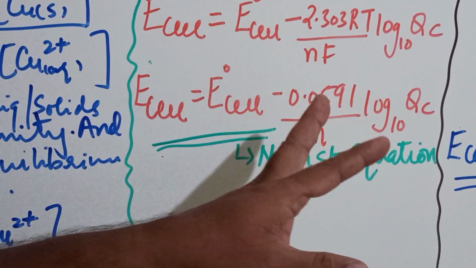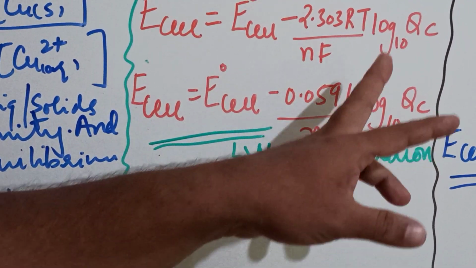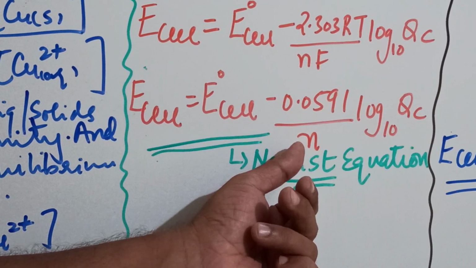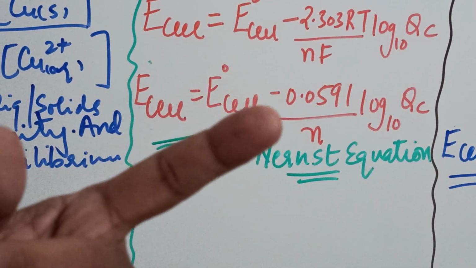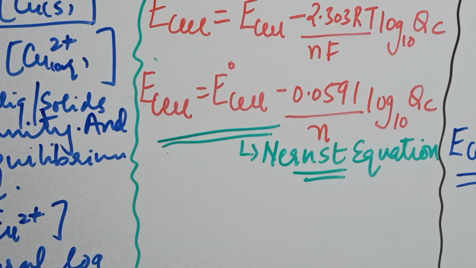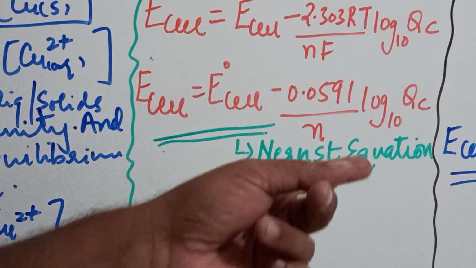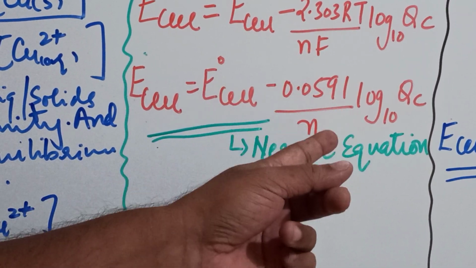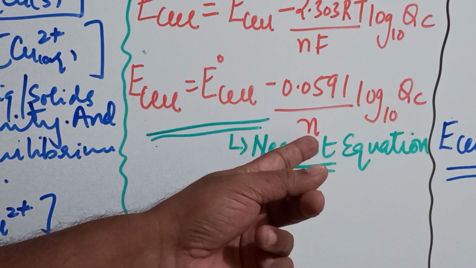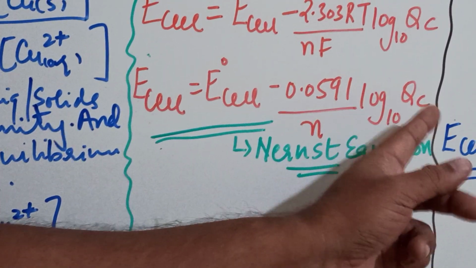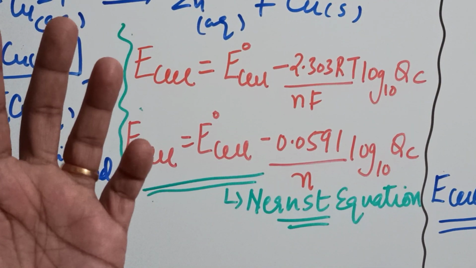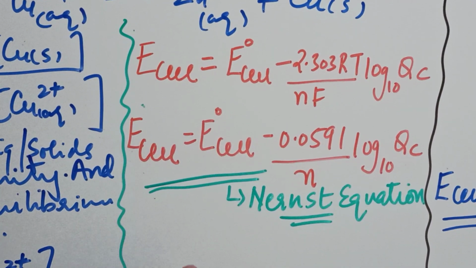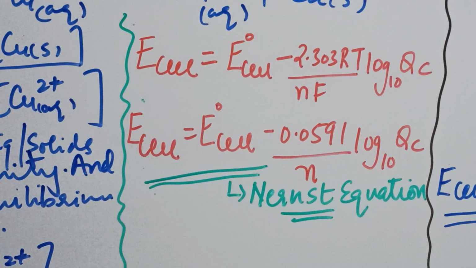We have not substituted the value of n here, because the value of n will differ from reaction to reaction. It will not remain the same. So, log of Qc to the base 10, 0.0591 divided by n. Now this whole equation that we have got is known as the Nernst equation. This equation is very important because we are going to use it for various calculations.